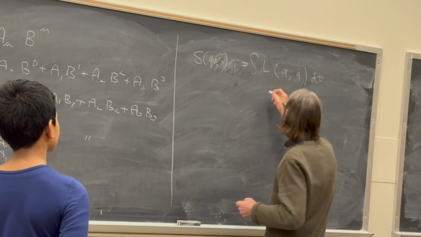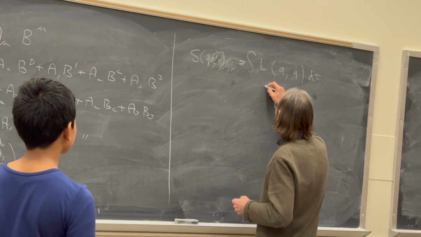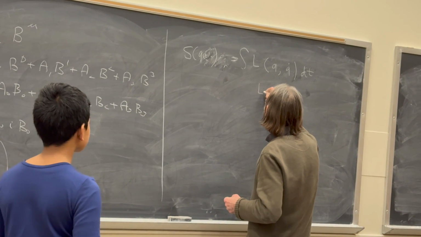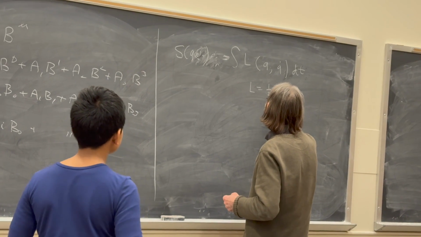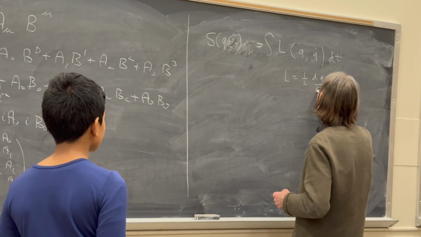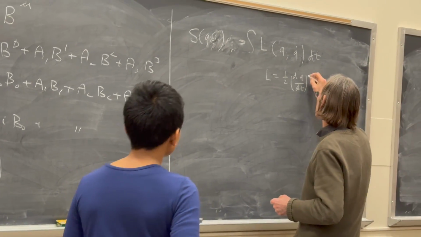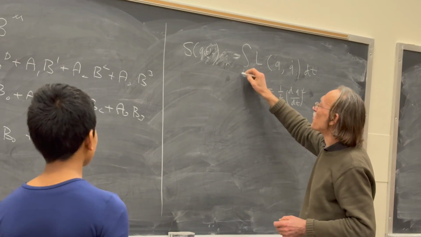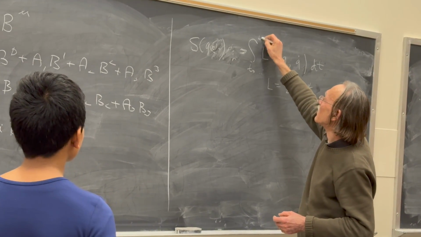For example, L could be 1/2 times (dq/dt) squared, and you integrate between 2 points, t0 and t1.